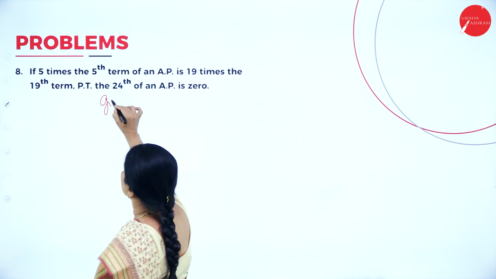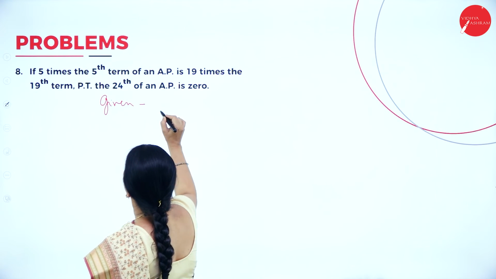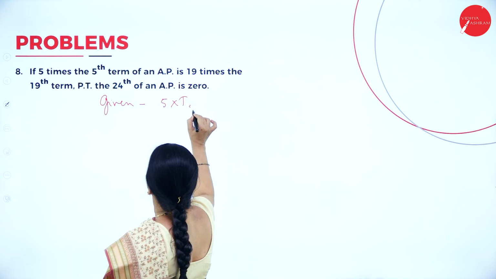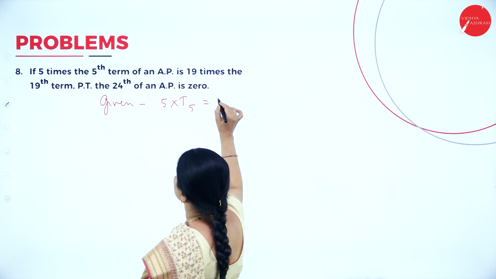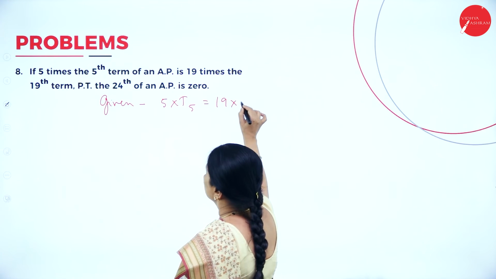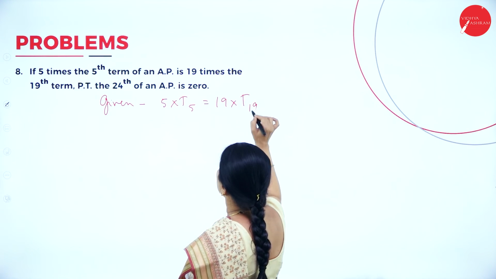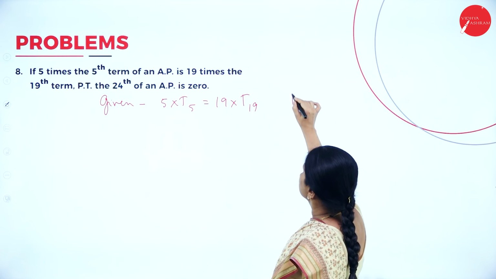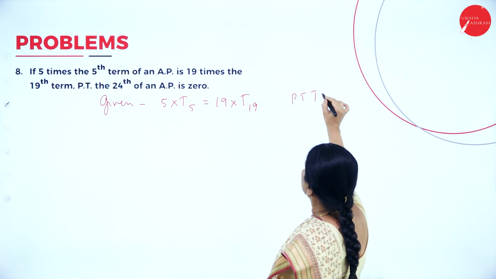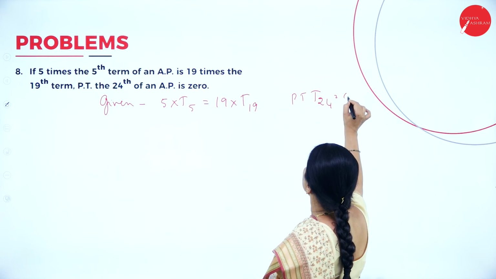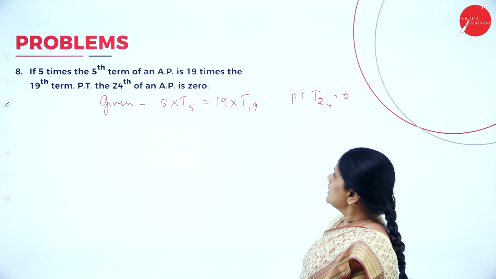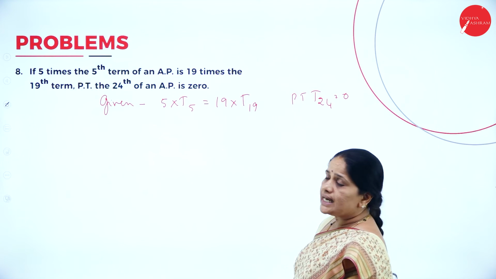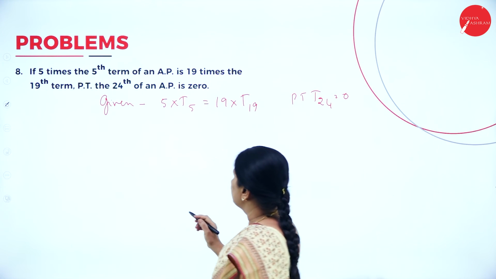Given 5 into T5 equals 19 into T19. So what we have to prove? We have to prove that T24 equals 0.